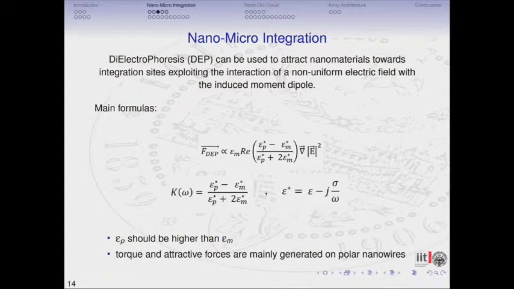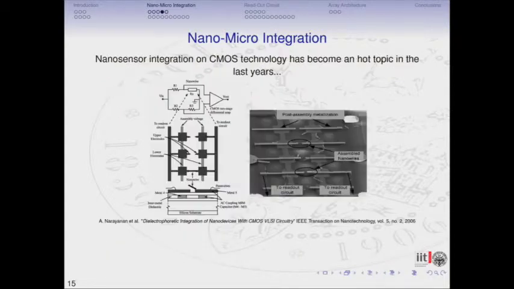This factor depends on the permittivity of the solvent of the solution and the permittivity of the nanomaterial, and the permittivity depends on the conductivity of the nanomaterial or of the solvent, and also on the frequency of your electric field.